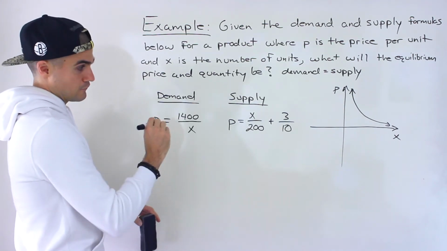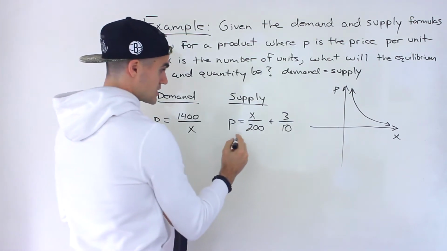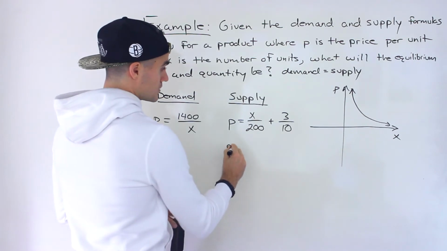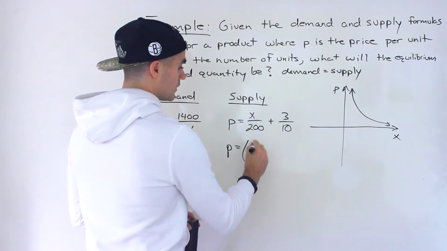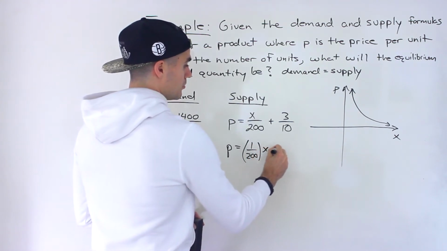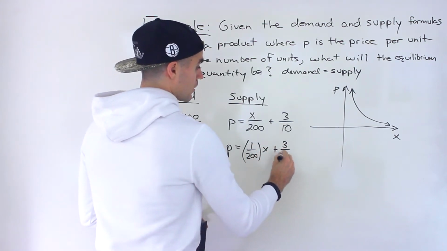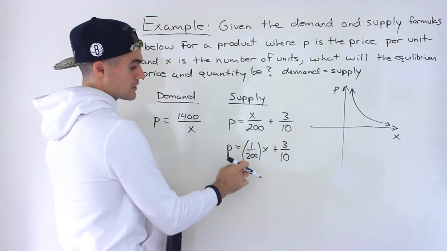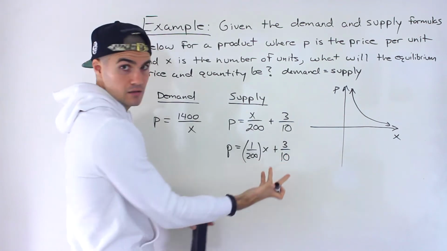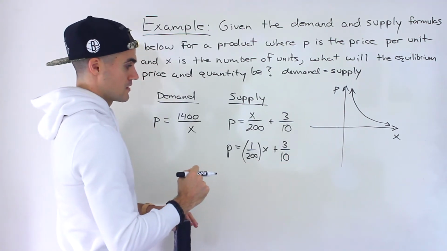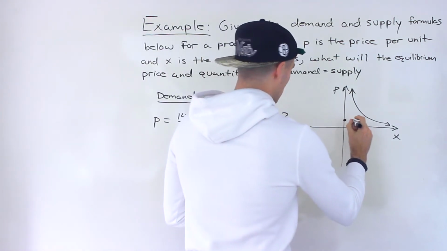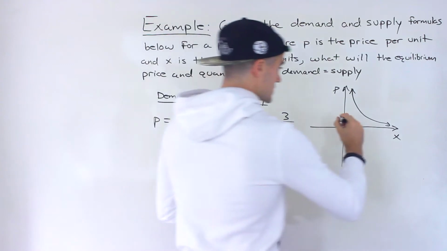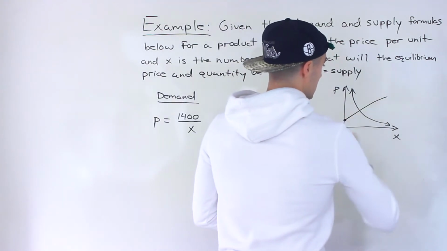That's the demand function, and then this supply function is just a line. This X over 200 we can rewrite as 1 over 200 x plus 3 over 10. Notice this is in y equals mx plus b format. 3 over 10 is positive, so let's say that's over here, and then we have a positive slope, so the line is going to be like that.